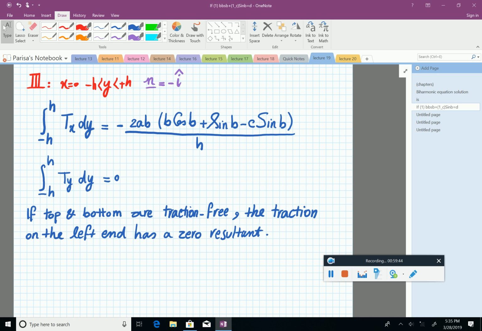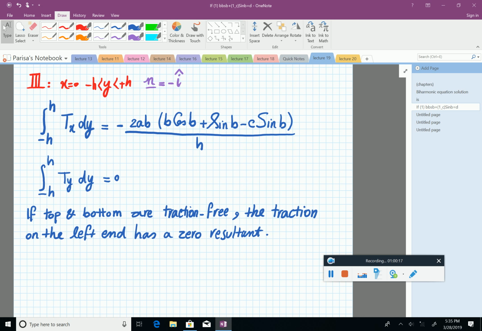So it's kind of arbitrary at this stage. And this is the main thing of me solving this problem. This can be, and for this problem, I didn't even specify it. So here we had to say this is linear. Here I'm saying, I don't know, this is some traction, but I'm telling you that if that in parentheses is equal to 0, which makes the top and bottom traction free, then the resultant on the left-hand side is also 0.